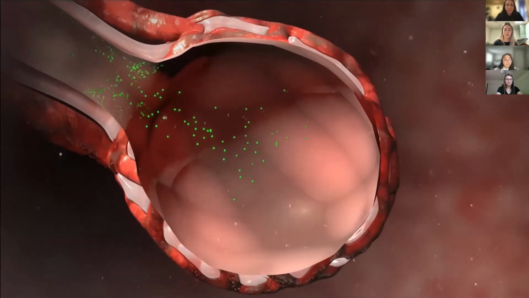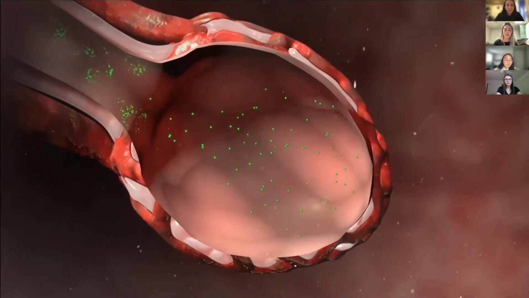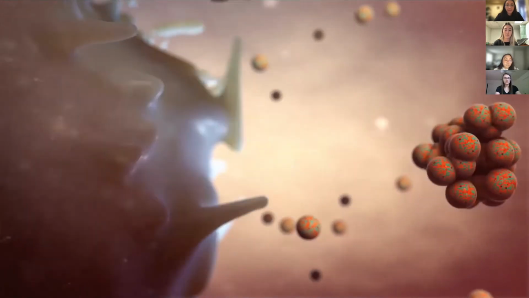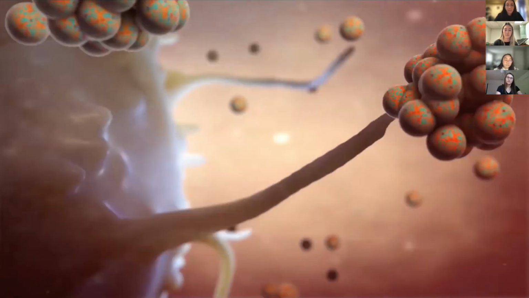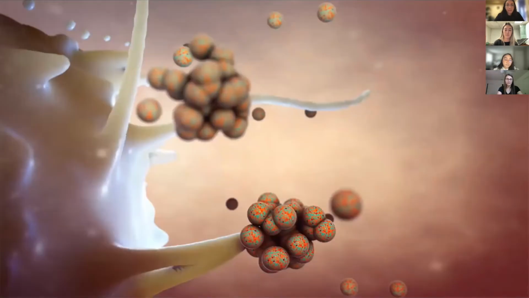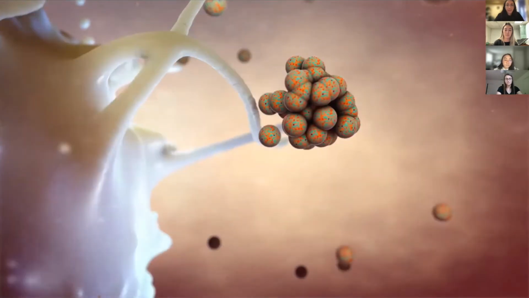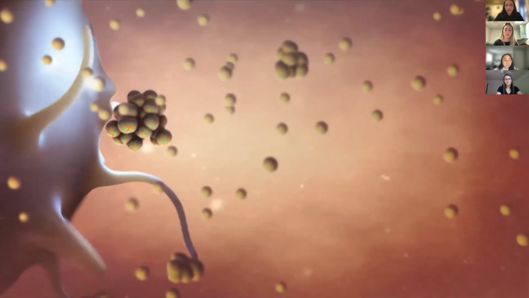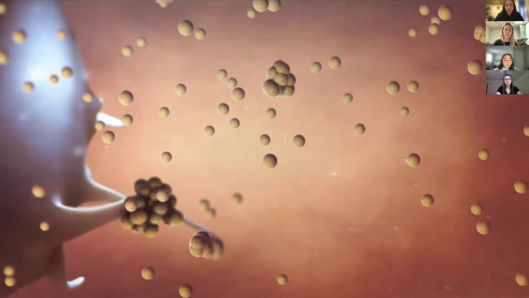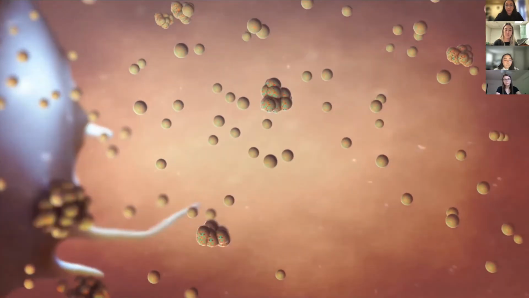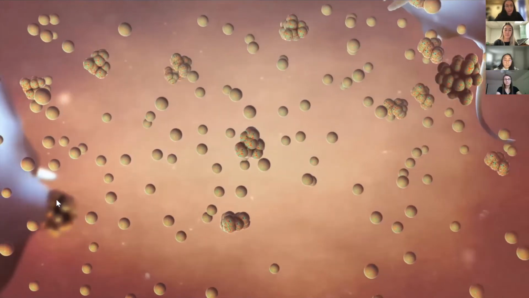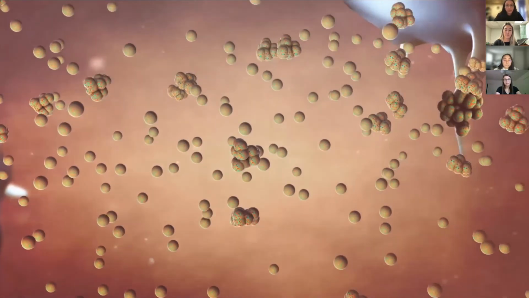In the alveolar space, white blood cells typically attack these microbes because they're foreign to the body. But if the patient has a weakened immune system, the white blood cells are not as active, or they're not in such high numbers, and then these microbes can start multiplying.